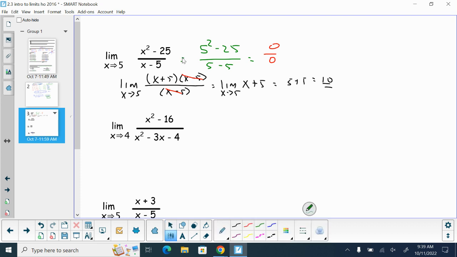With your calculator, in your y1, I want you to type in the quantity x squared minus 25 divided by the quantity x minus 5. Make sure you quantify top and bottom.